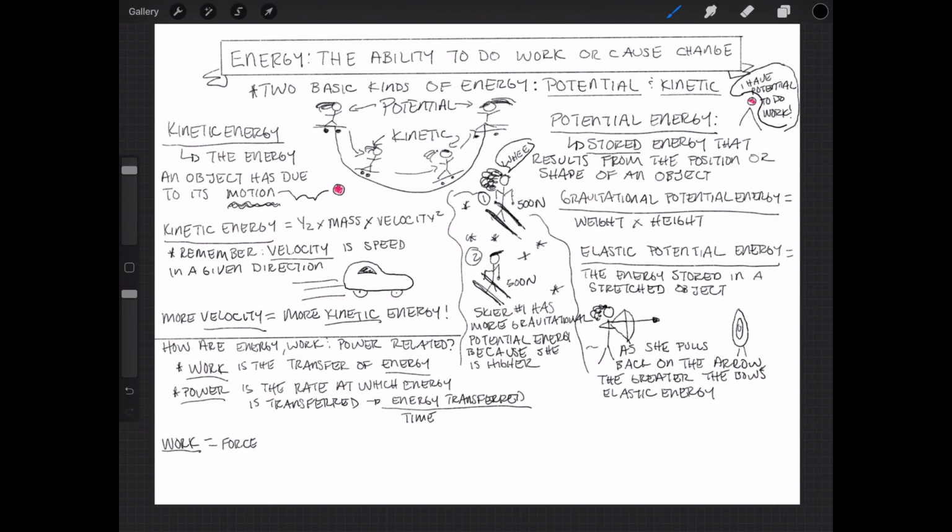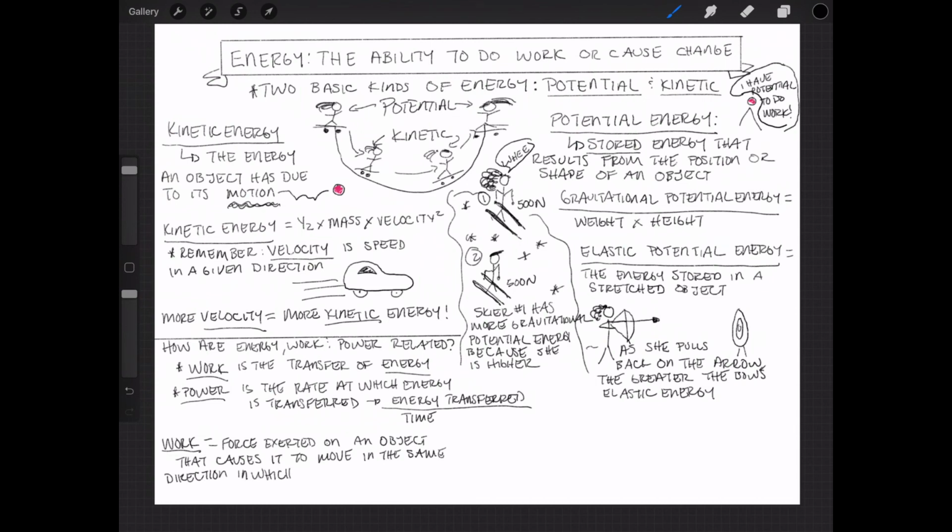But when we look at the definition of work, scientifically, we're talking about a force exerted on an object that causes it to move in the same direction in which the force is exerted.